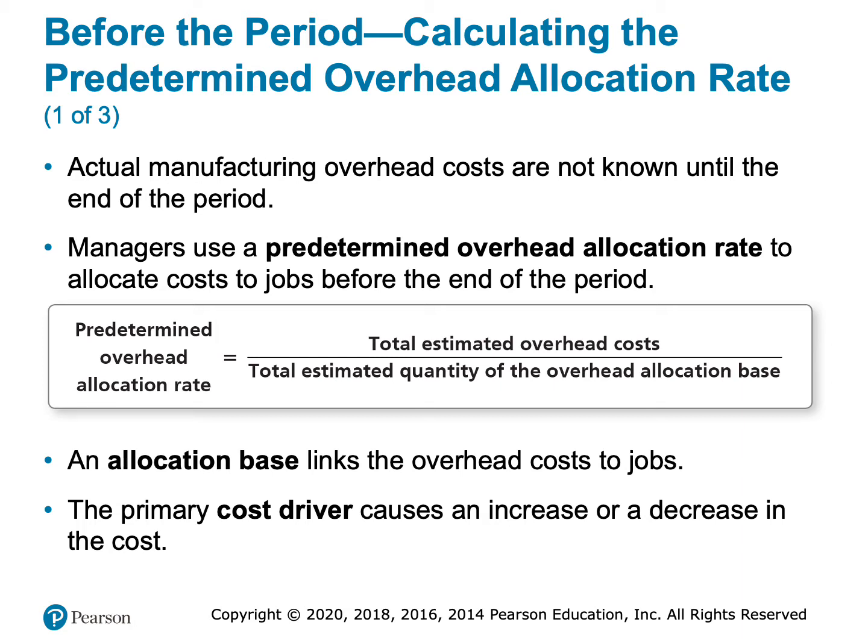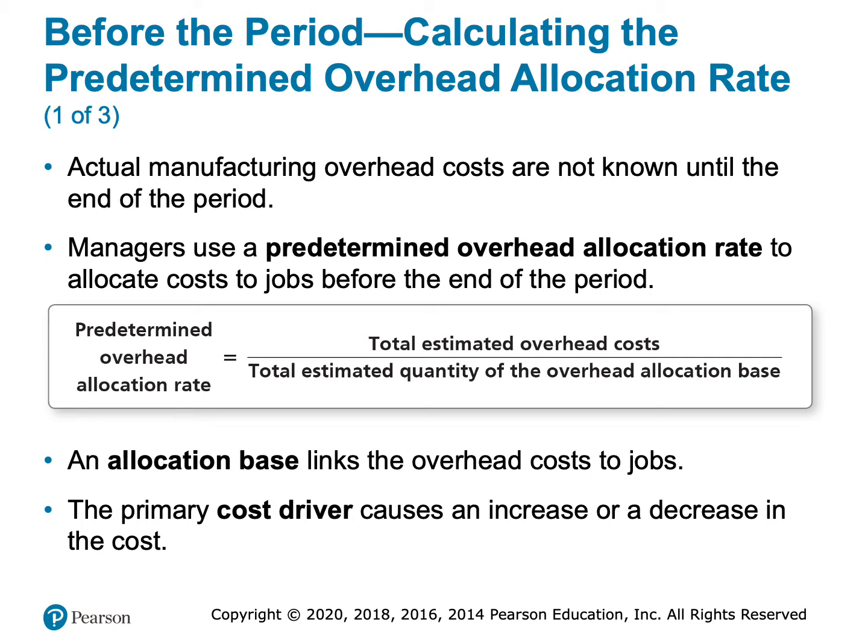So the problem is that we know the actual costs are 83,000. We just don't know how much of that should be applied or allocated to each of the jobs. So the way that we do that is we use what's called a predetermined overhead rate. Now, one of the things I want to point out here is the prefix pre.